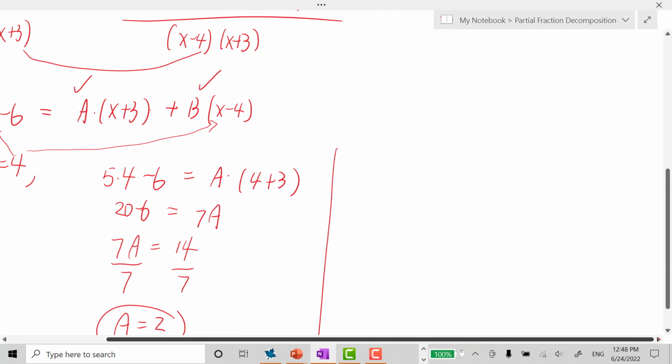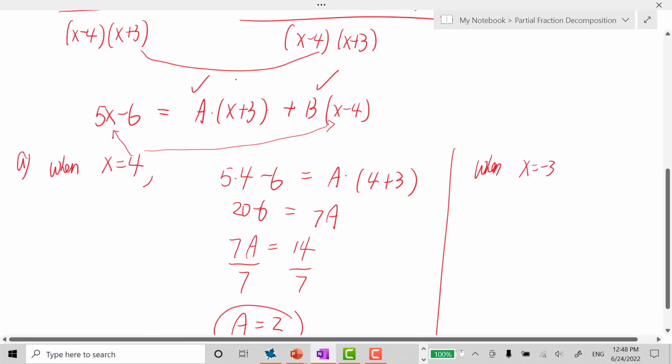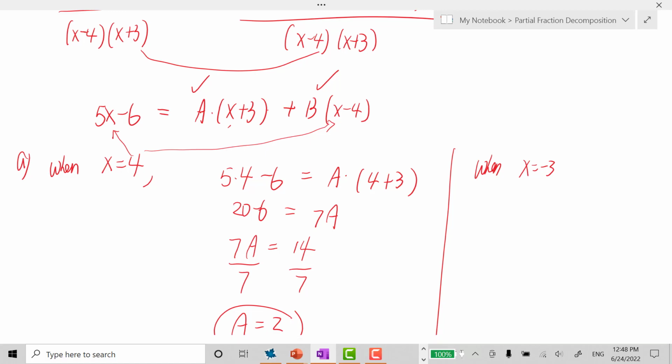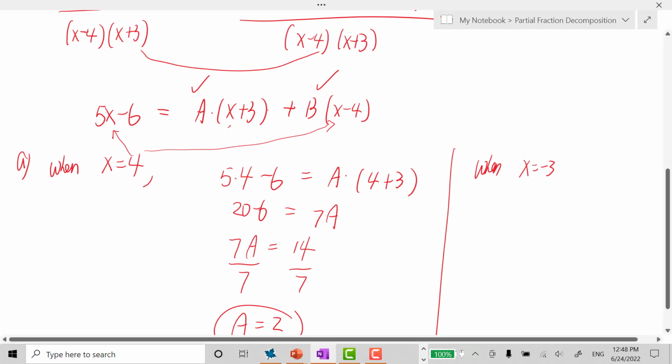So right here, if we assume x equals -3, we go back to this equation here. When this x right here becomes -3, then the a term is gone, right? Because -3 plus 3 gives us 0. 0 times a becomes 0, and we only have the variable b left. So let's plug in the -3 on the left-hand side.